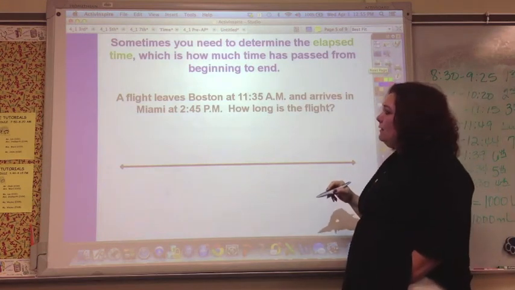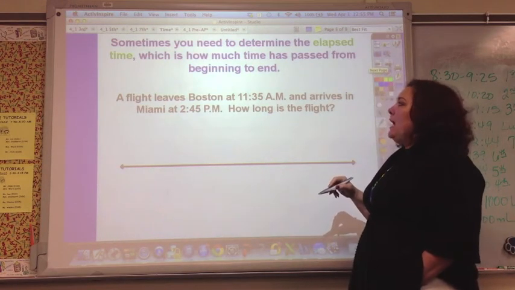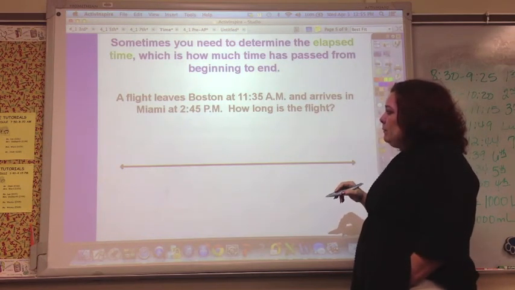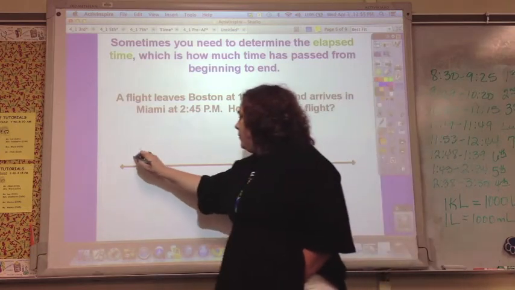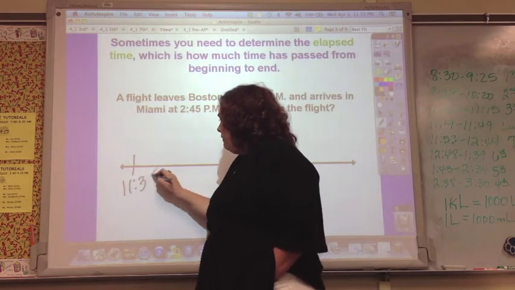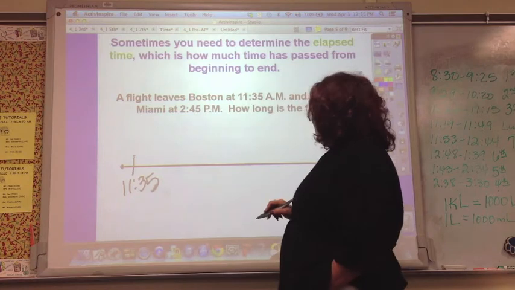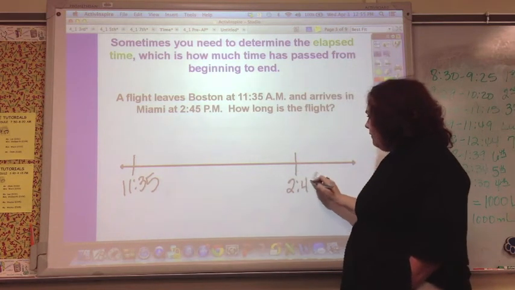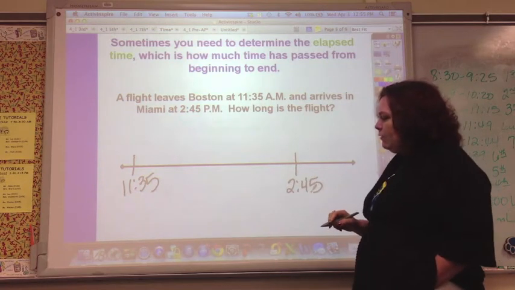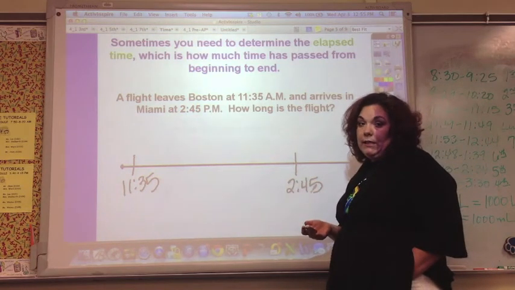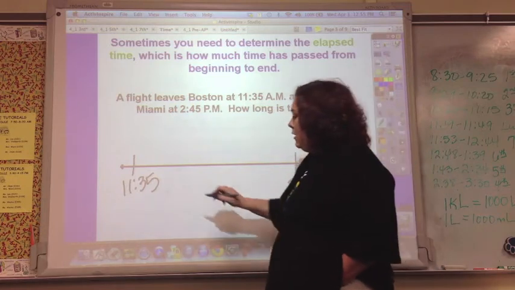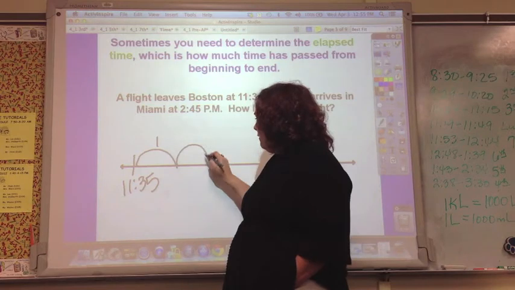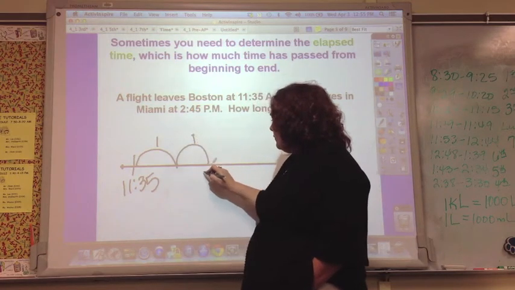Sometimes you need to determine the elapsed time, which is how much time has passed from beginning to end. It says a flight leaves Boston at 11:35, and arrives in Miami at 2:45. So how long is the flight? Well, what I like to do is look at segments of an hour. So this is 12:35, that's 1 hour. 1:35, that's another hour.